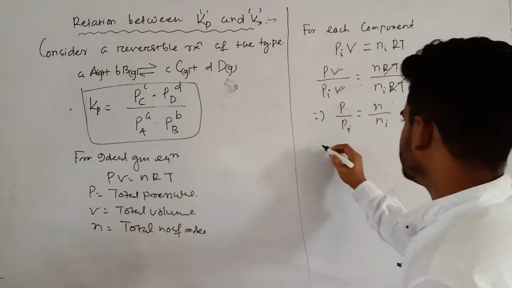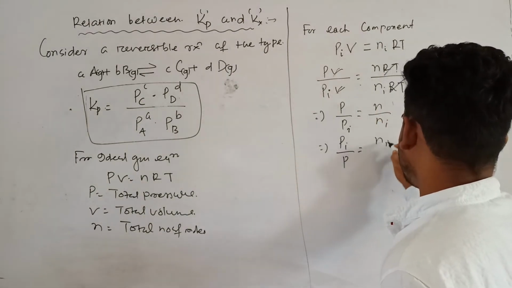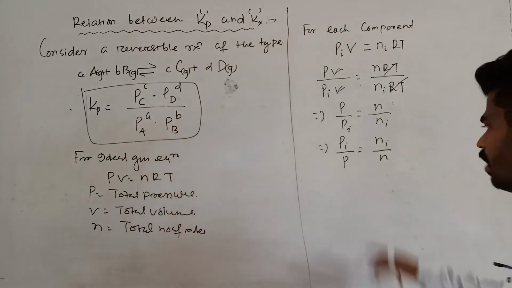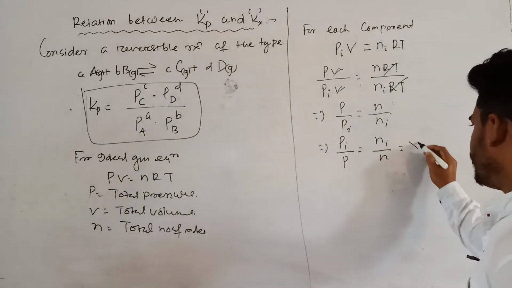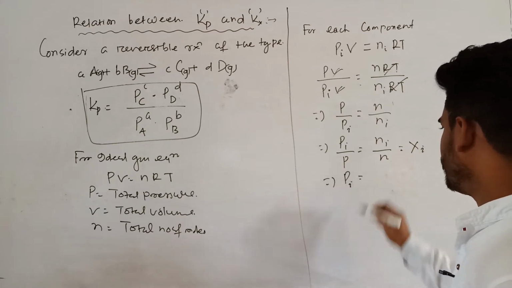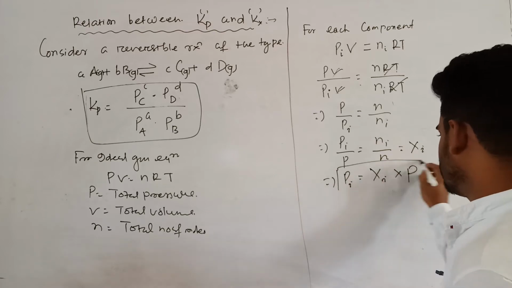Clear? So if I reverse it, Pi upon P will be equal to Ni upon N. So the number of moles of each component out of the total number of moles is nothing but your mole fraction, that is Xi. Clear? So that implies the partial pressure of each component will be the mole fraction of that component into the total pressure. This relationship.